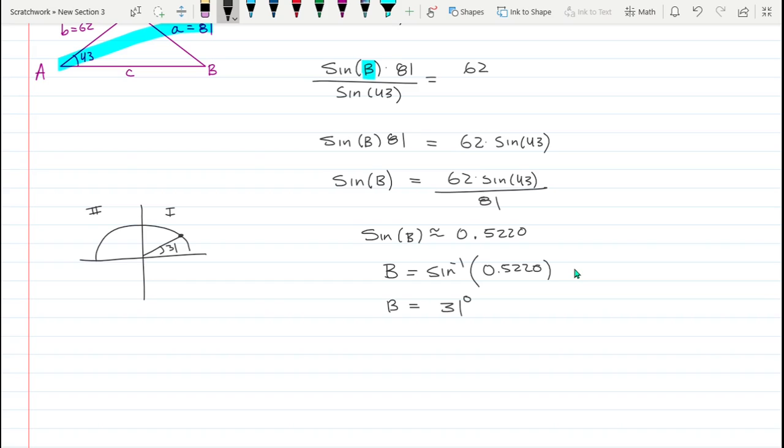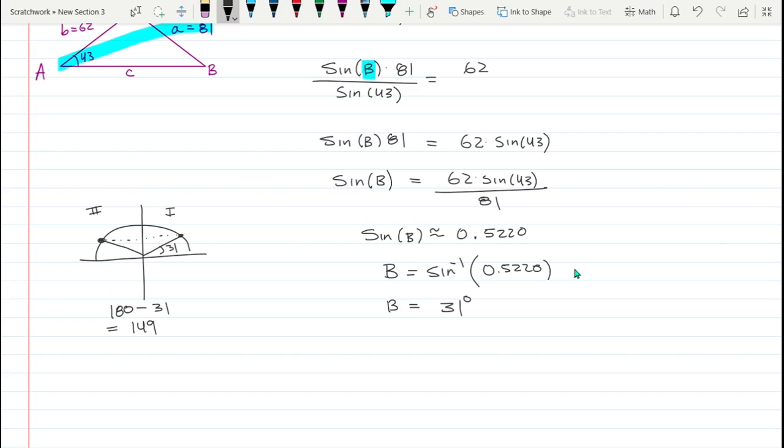But then also it means that this angle here would give us 0.5220. So we would have to do 180 minus 31 to get the other angle, which is 149.